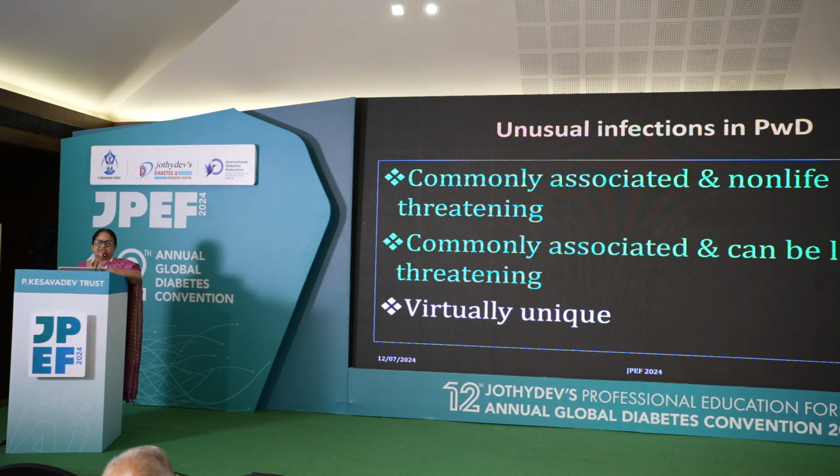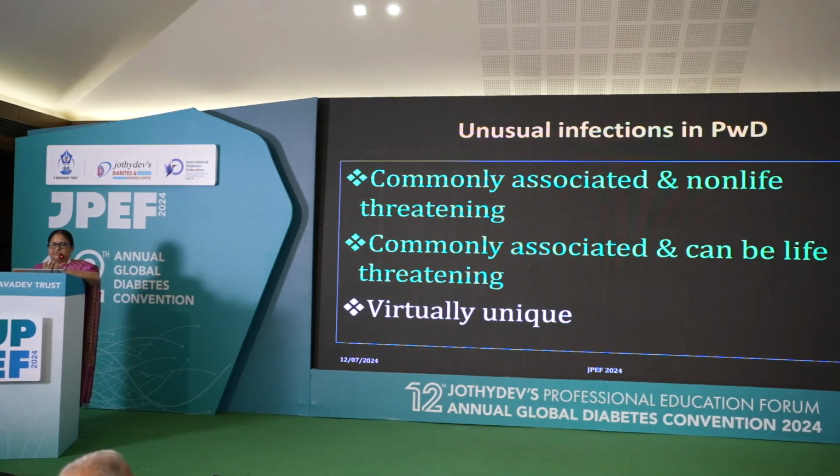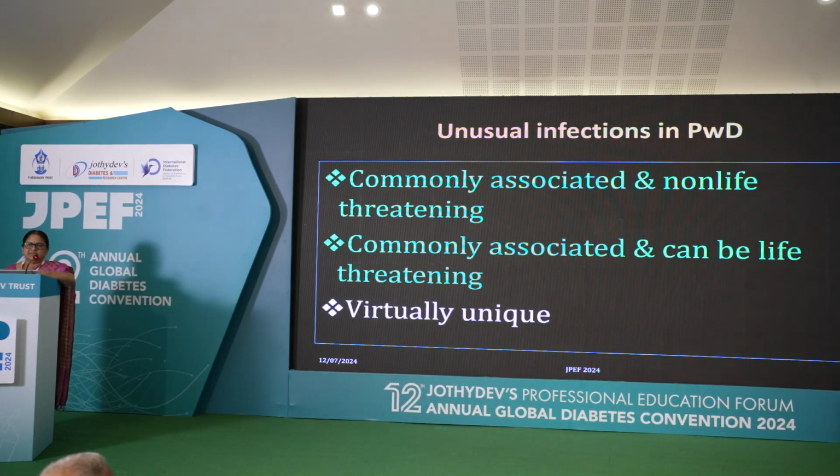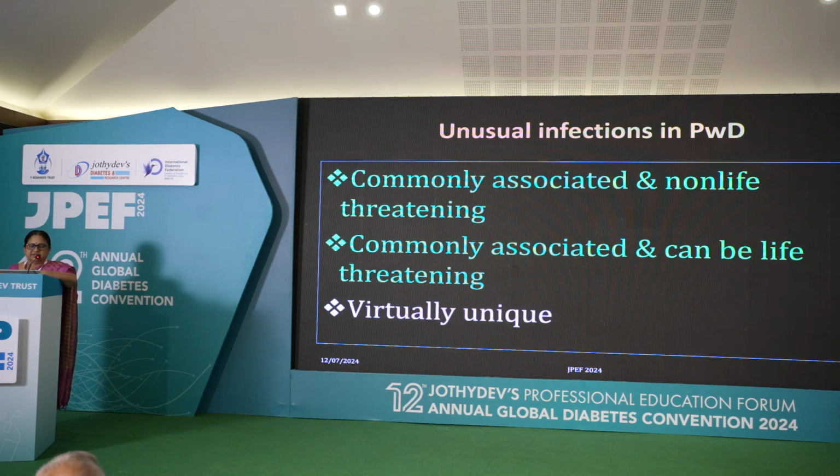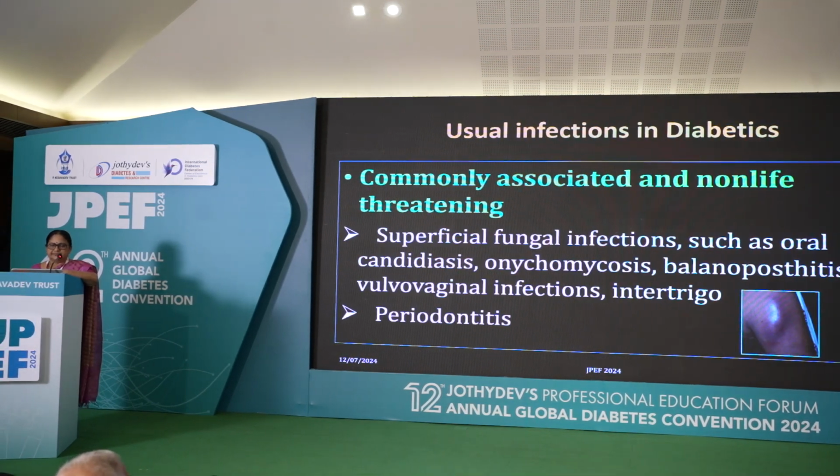There are infections that are commonly associated but non-life-threatening; every day when a patient comes to us, they will have something to show, a paronychia or some other lesion, and we will prescribe an antibiotic or prophylactic treatment. And there are infections that are commonly associated, can be life-threatening, and are virtually unique.